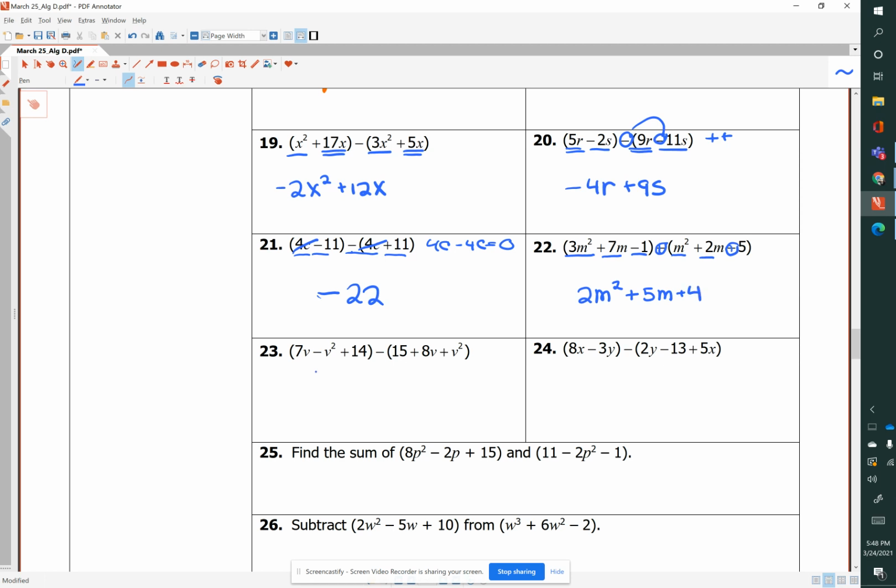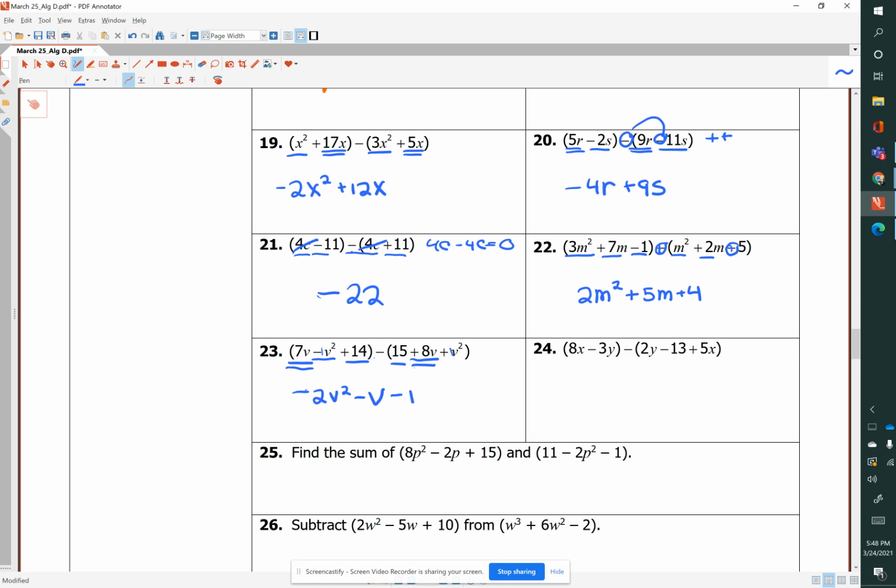And number 23, let's see, we have negative 1, invisible 1 there, v squared minus 1v squared. So that would be negative 2v squared. We have 7v plus minus 8v, so that would be negative 1 or negative v. And then we have 14 minus 15, which would be negative 1.